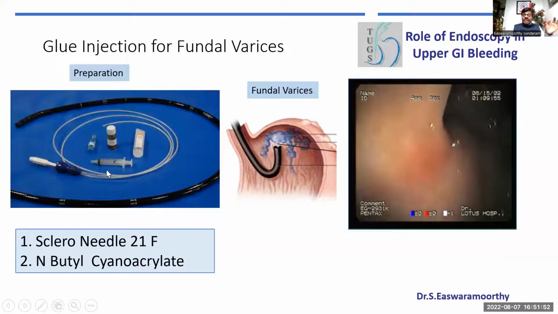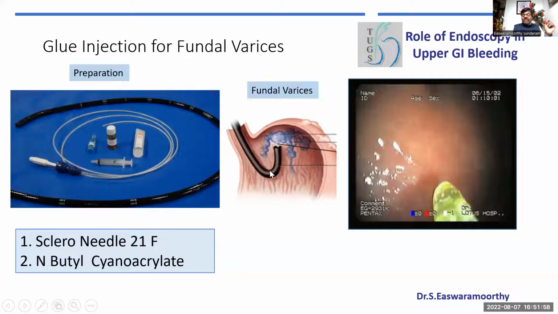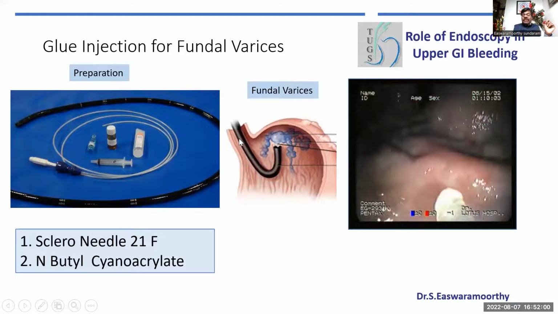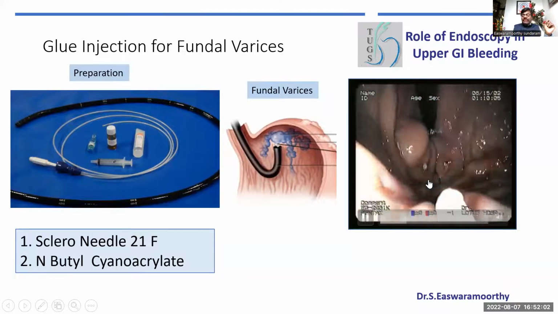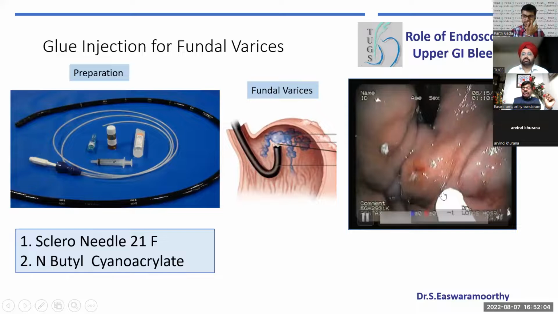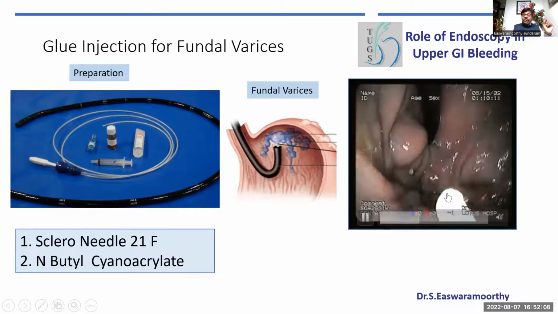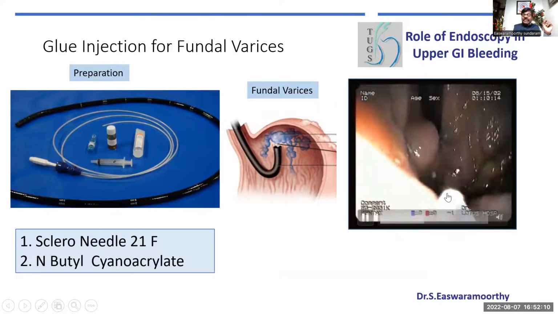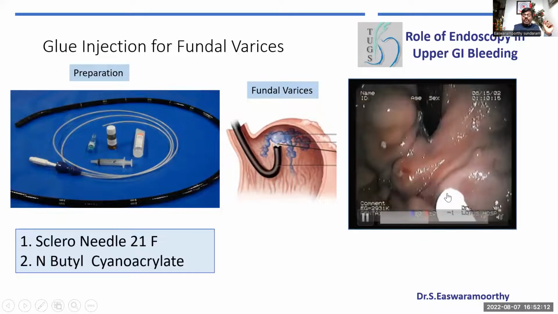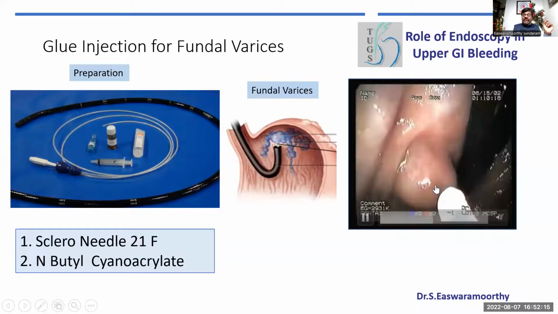So all these things you need, of course: glue, syringe, and distilled water is very, very important. And this is the way you have to address it, in a J manoeuvre. So you have to go in like this, then bring the needle out, viscous fluid. You need to have a 21 gauge needle, not a 23 gauge needle. Then trajectory is important depending upon the scope you are using. Then you get the right trajectory.